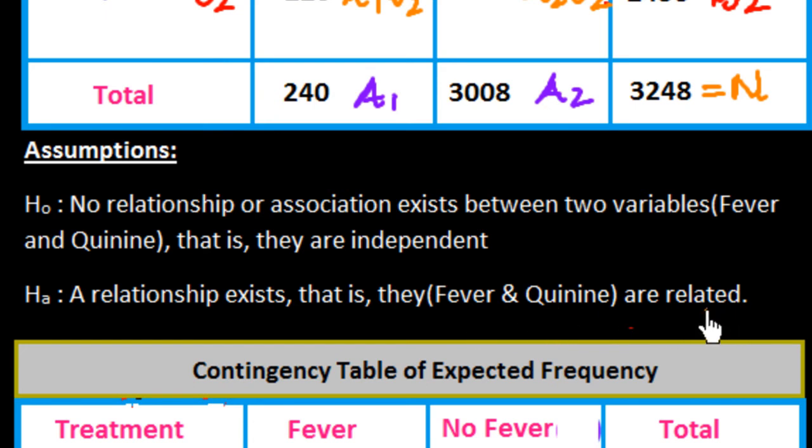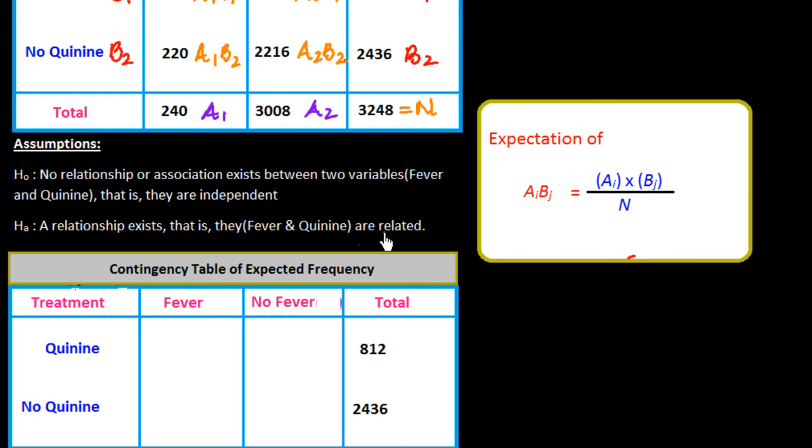So first of all we have to find out the expected frequency for this, because we don't know the frequency distribution of this data. We don't have any expected frequency distribution, so we will get it through the contingency table we will make for the expected frequency. How do we get these expectations of AB?